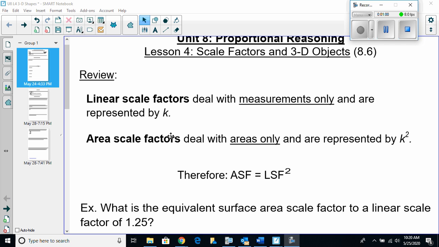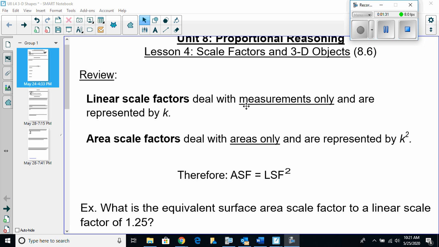And when we have a 2D shape, the area scale factor is the square of the linear scale factor. We saw this in a previous lesson when we were talking about the area of a hexagon or a triangle or the area of any 2D shape.